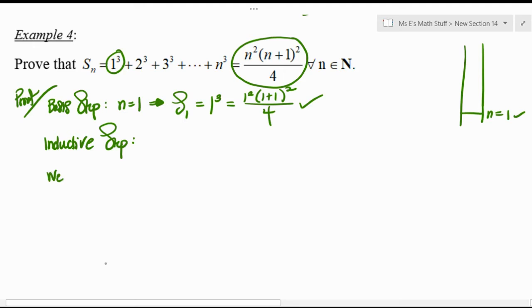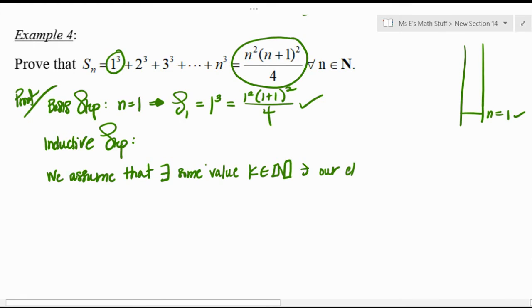So we assume that our claim holds true, that there exists some value k from the set of the natural numbers such that our claim holds true for n equaling k.